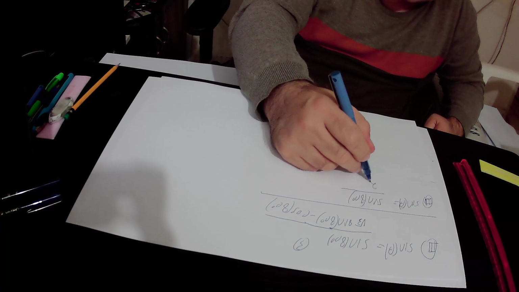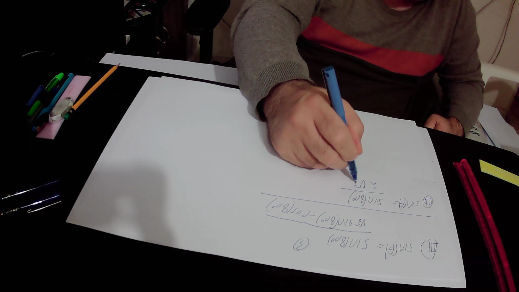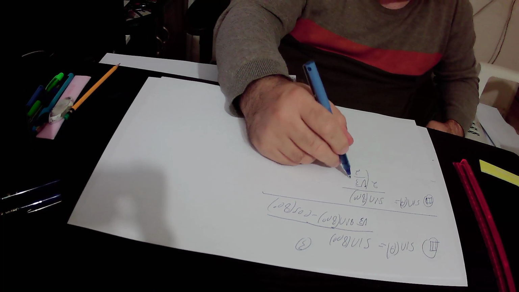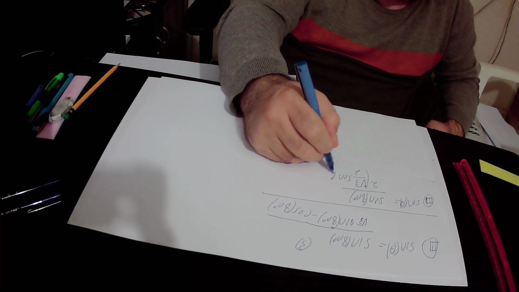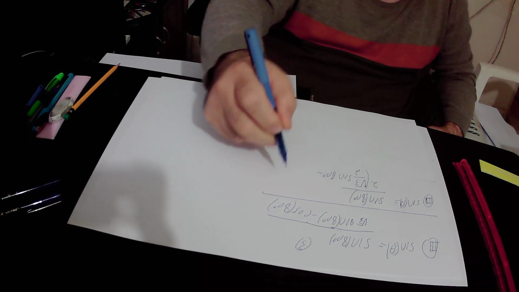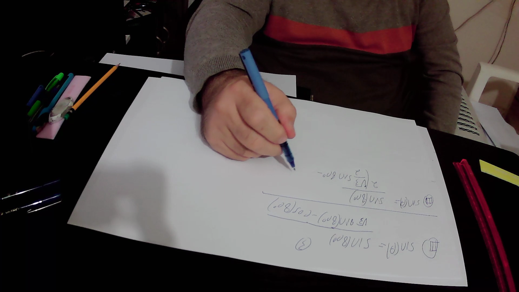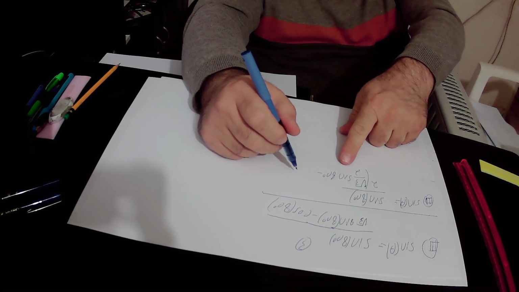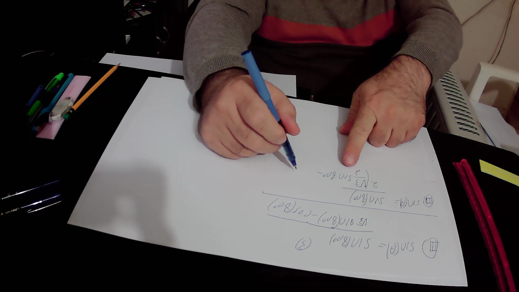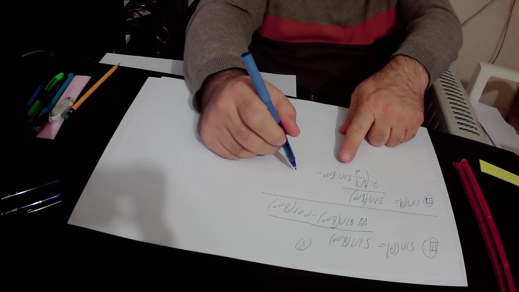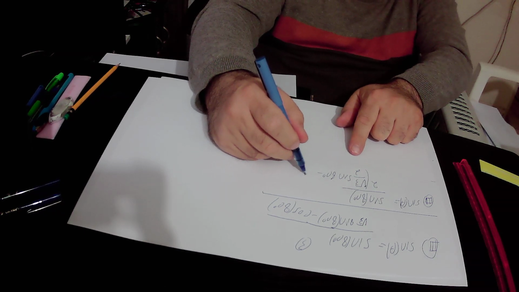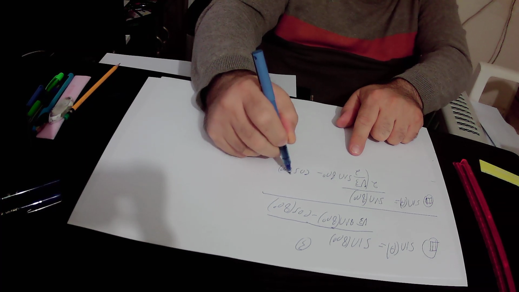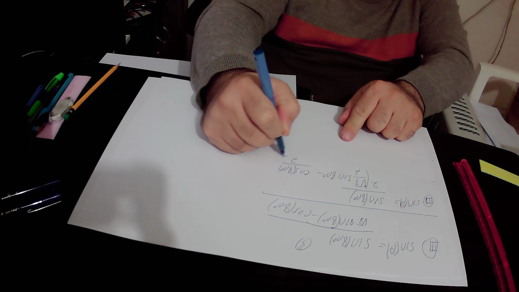So it is 2 times square root of 3 over 2 times sine 80 degrees minus cosine 80 degrees over 2. We divided the denominator by 2, and then we multiplied by 2, so we change nothing.